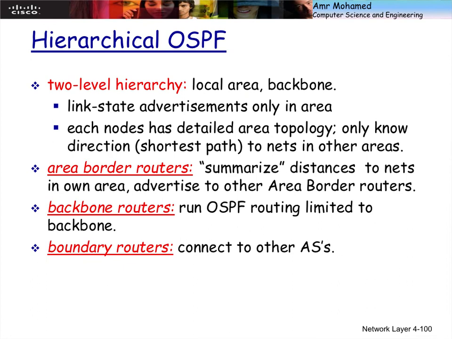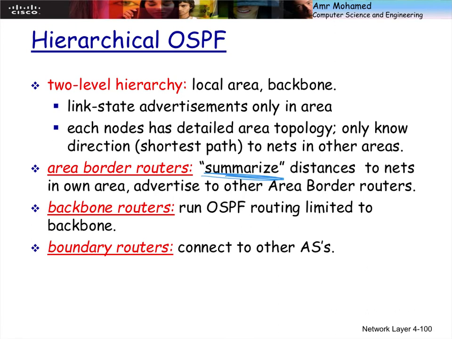Now, hierarchical OSPF uses a two-level hierarchy which supports the local area and the backbone, and the link state advertisement only in an area. So when it comes to reporting to other areas, the area border router can use some kind of summarized information to send to the other area.